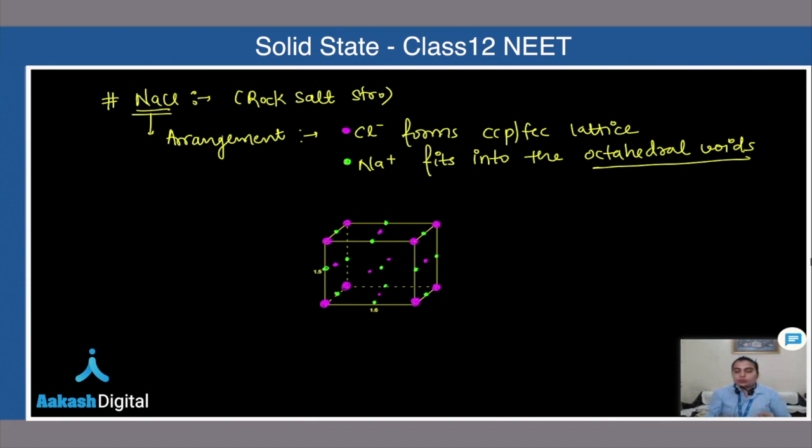Now the main question arises, what is the coordination number of it? If I have a simple FCC kind of structure, I know how to see the coordination number. But if it's a CCP structure by one kind of atom and the other atom or ion is fitting into the void, then what will be my coordination number? Let us see that.